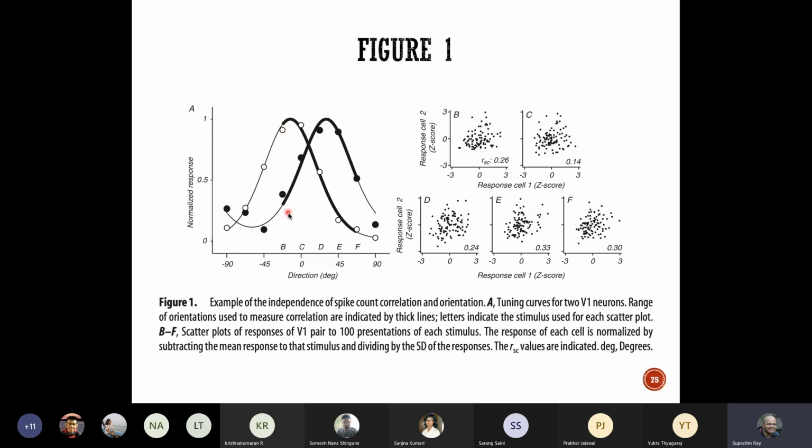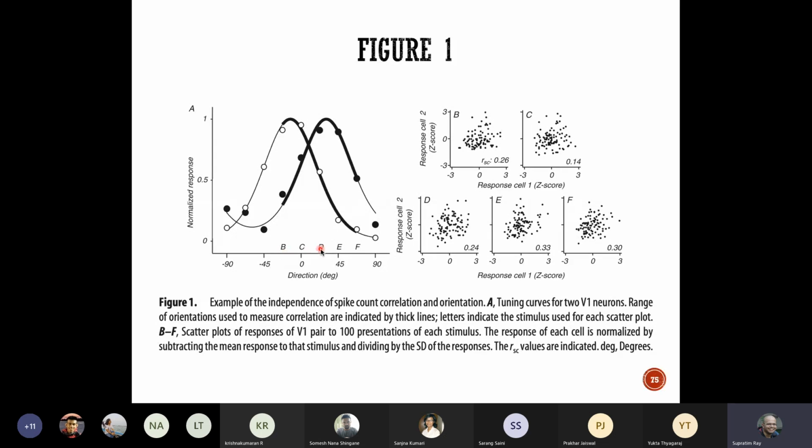Suppose they did the experiment 50 times or 100 times, this is the mean of that. But I could make a scatter plot of the response for each trial for cell 1 versus cell 2, just like what we did previously for those 76 trials. The spike count correlation is just the correlation between the two, and in this case it's about 0.26 for orientation B.